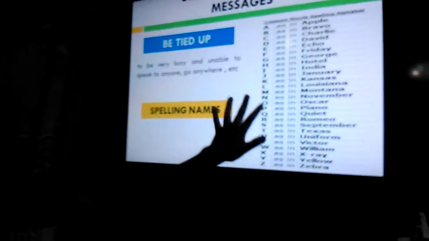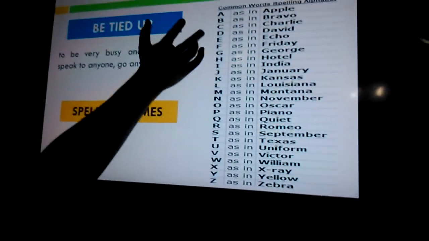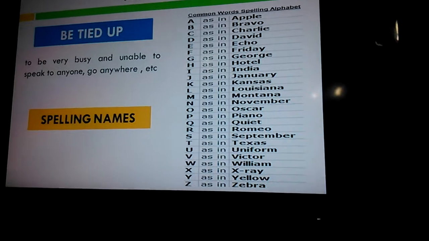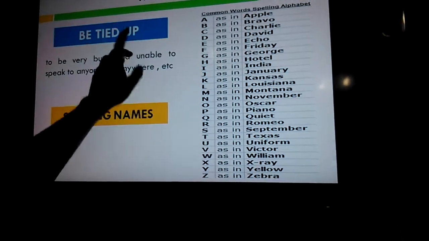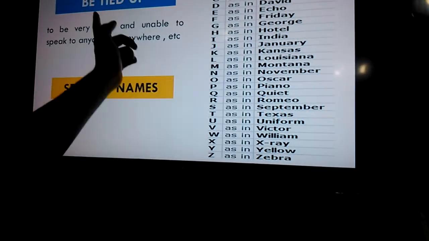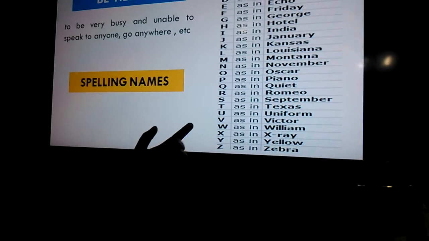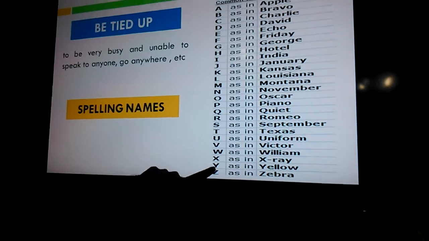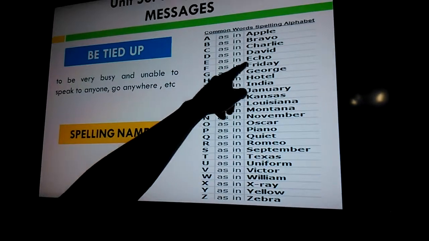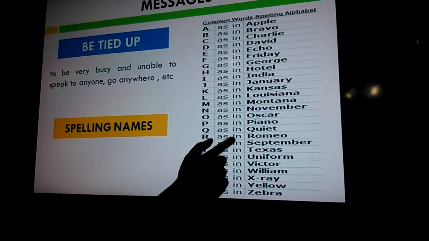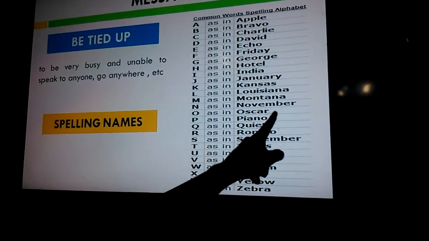And in this part, I want to show you this. For example, the spelling: in my case, my name is Yerson, but many people write Yerson with Y, Yerson with G, Yerson with J. My name is Yerson with Y. I can spell it: Y as in yellow, E as in echo, R as in Romeo, S as in September, O as in Oscar, N as in November.